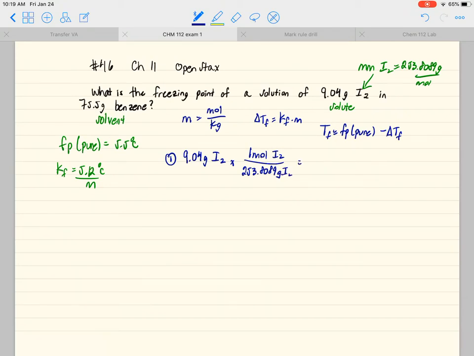And let's punch that in on our calculator. Okay. And I get a value of 0.0356.